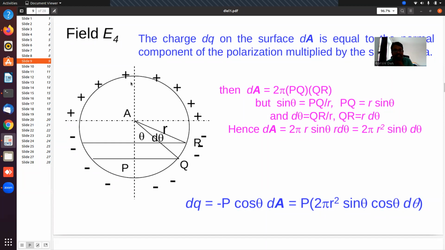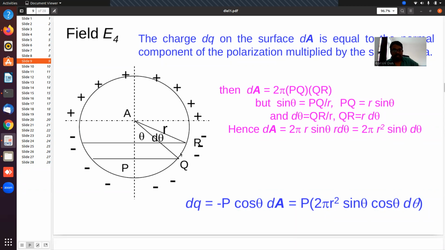But when we think in terms of a sphere, then we have to calculate the charges over the whole sphere surface. So not in the direction of the polarization vector, but in some tilted direction, some theta direction, this is P cos theta dA. P is the vector, so along a tilted direction, what is the component of the polarization?